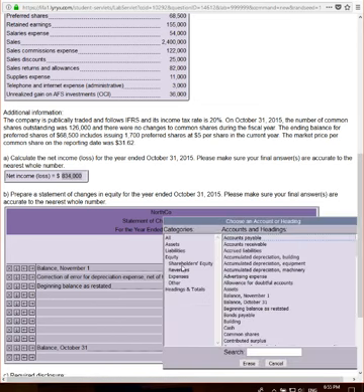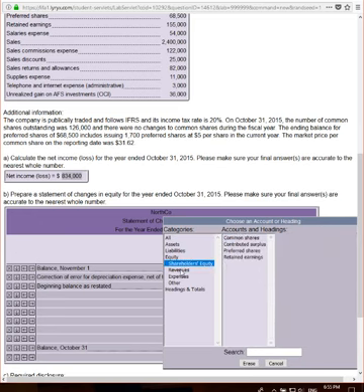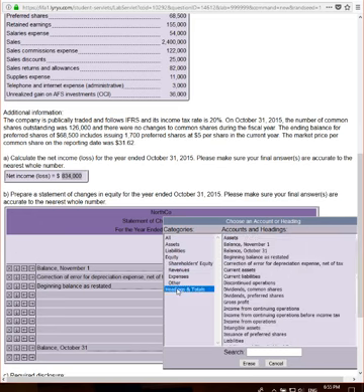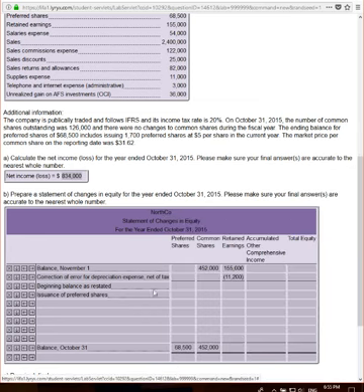So let me see. We have just the balance in preferred shares, headings and totals, issuance of preferred shares. That's the one we want. And so we issued 1,700 at $5 per share.